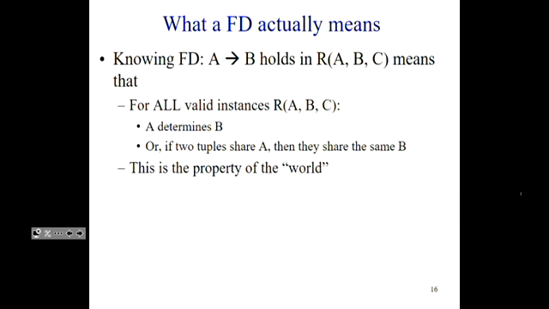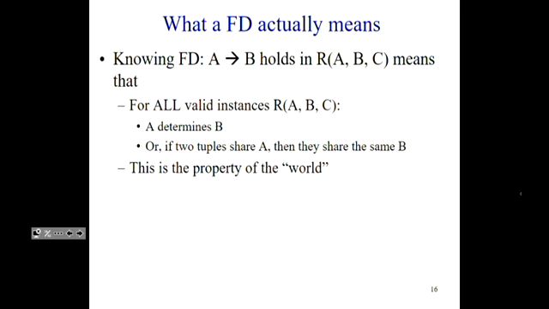Let's go back to what a functional dependency actually means. We talked about the formal definition of A implying B: if two tuples have the same values for A, then they have the same values for B. But a functional dependency is more general than that.